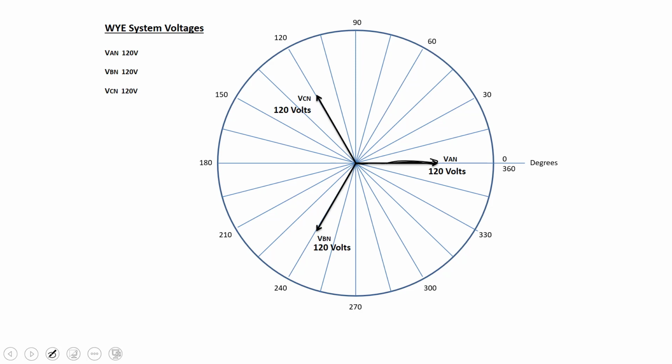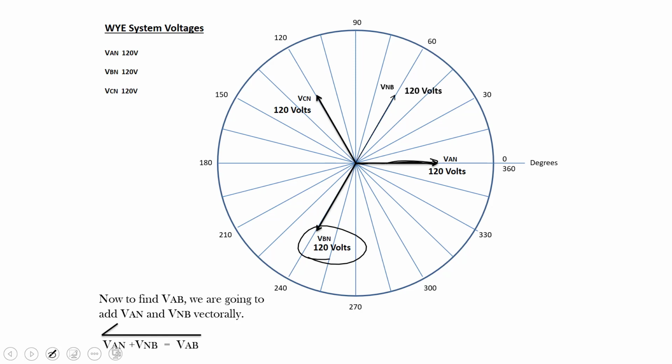And we have voltage BN, but not voltage NB. Voltage NB is exactly the opposite angle, same magnitude, of voltage BN. So what is opposite? That means it's 180 degrees from voltage BN. So where is that?